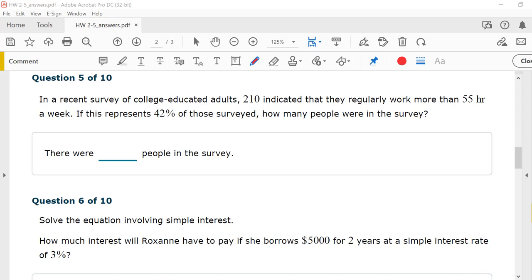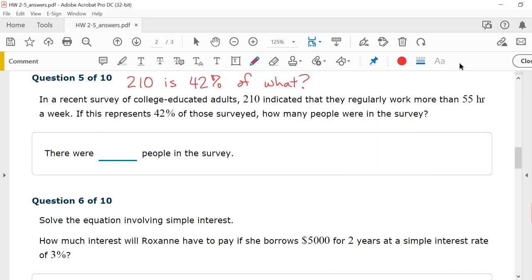That's a fancy way of saying 210 is 42% of what? 210 people indicated they worked more than 55 hours a week. That was 42% of the total number of people. So, is over of equals percent over 100.